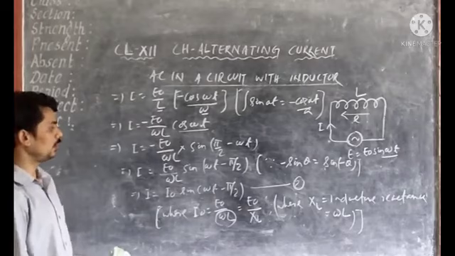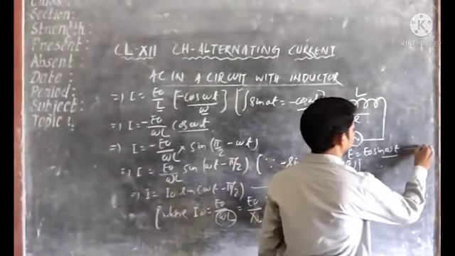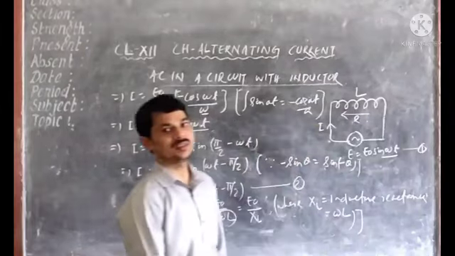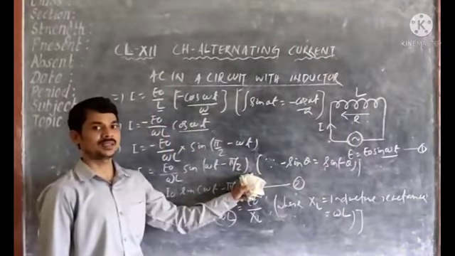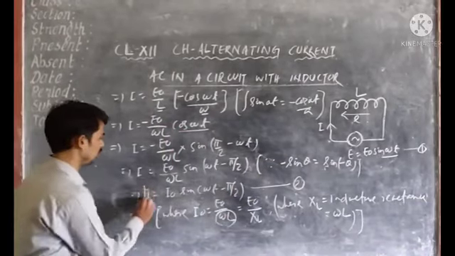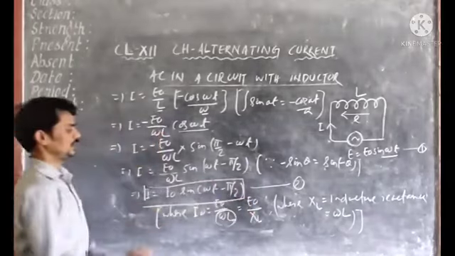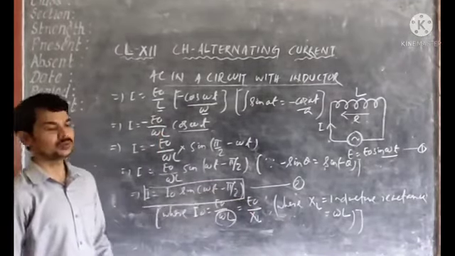Then in equation 1 we had got E is equal to E naught sin omega t. If you recall, our expression for the alternating EMF was E is equal to E naught sin omega t, and now the equation for the current that we have got is I equal to I naught sin omega t minus pi by 2.